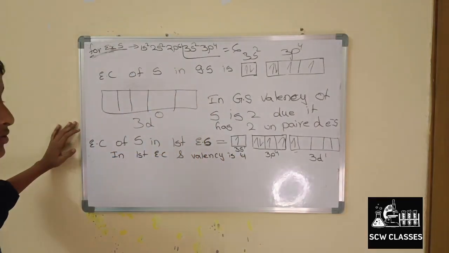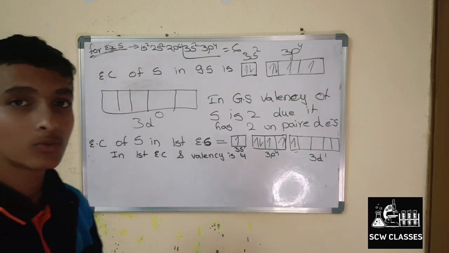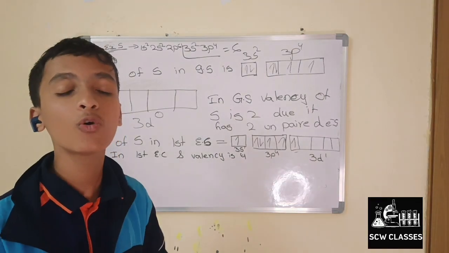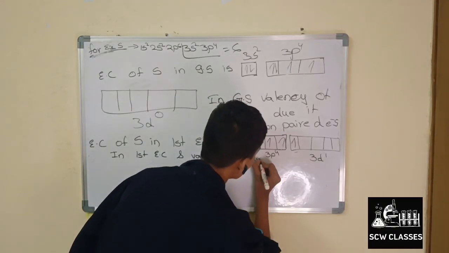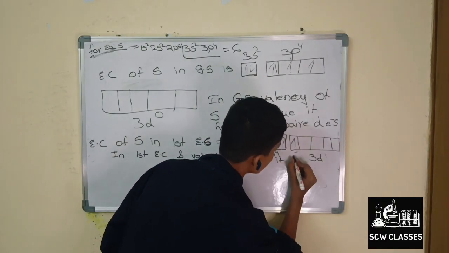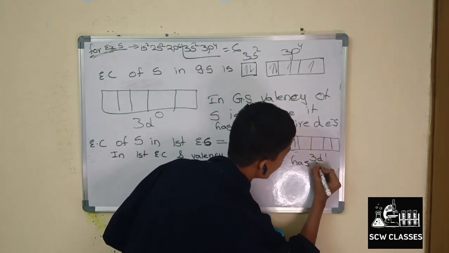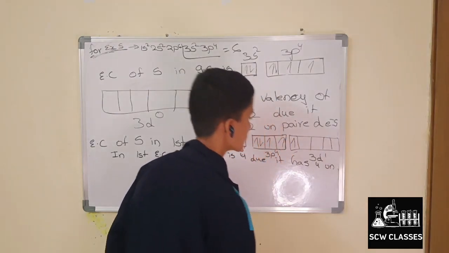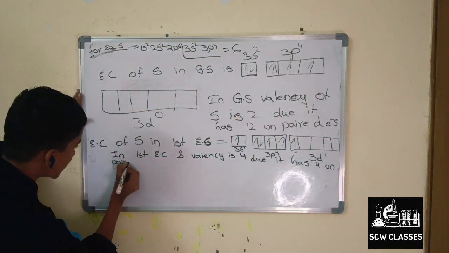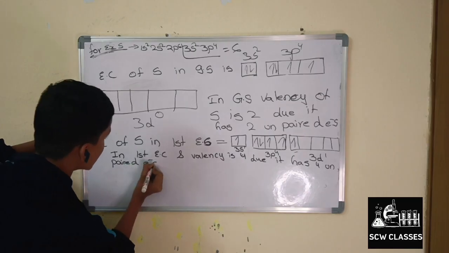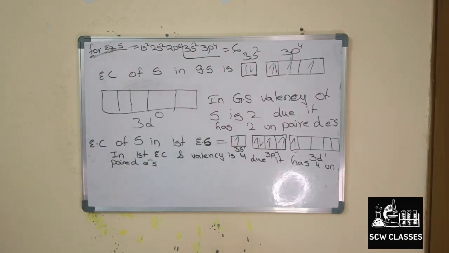Why? Due to it has 4 unpaired electrons. Clear guys up to here?